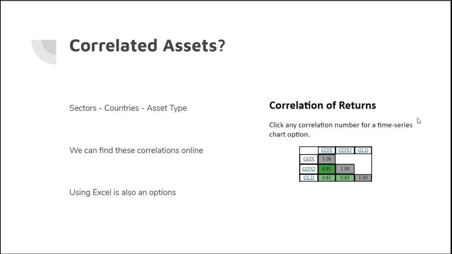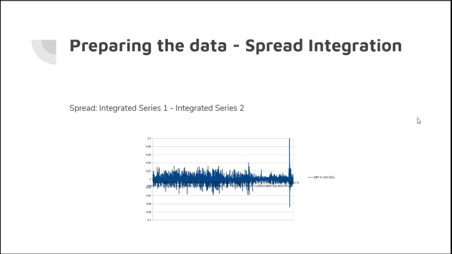But either way, they are highly correlated, so great, I don't care what junior miners are going to do, because I don't care about gold right now. I care about a sector between high or big capitalization blue chips within the gold market and small caps. So we are going to prepare the data. We are going to do an integration, and we are going to convert it into a spread.